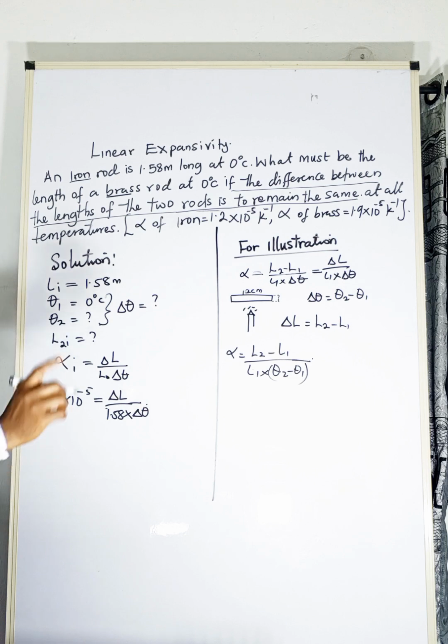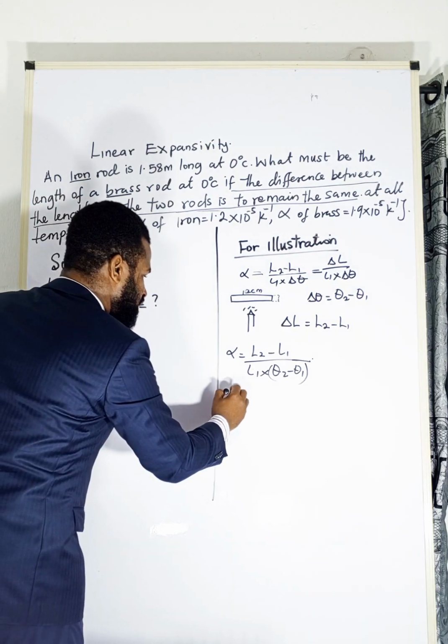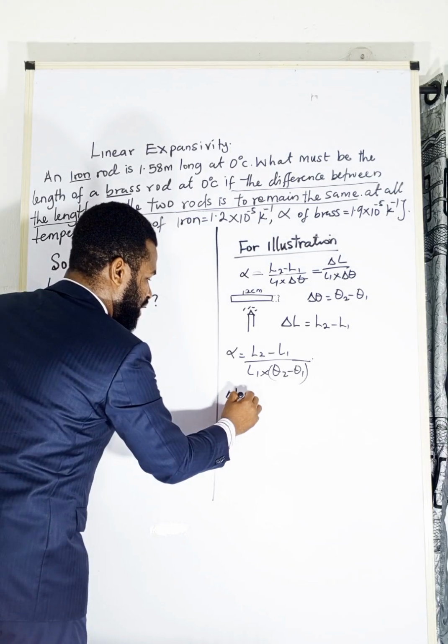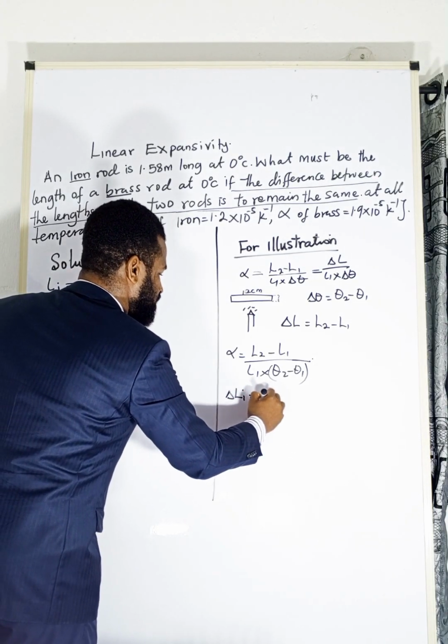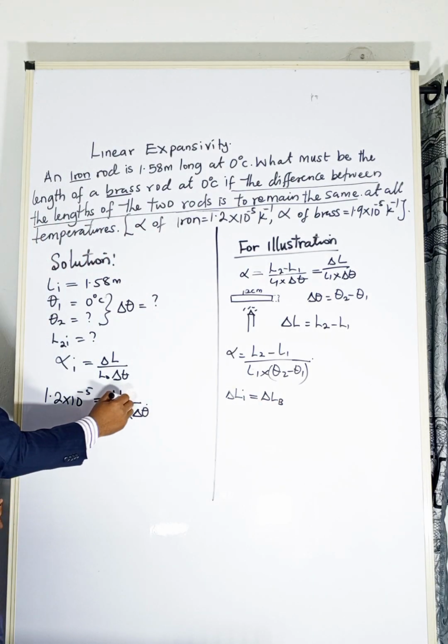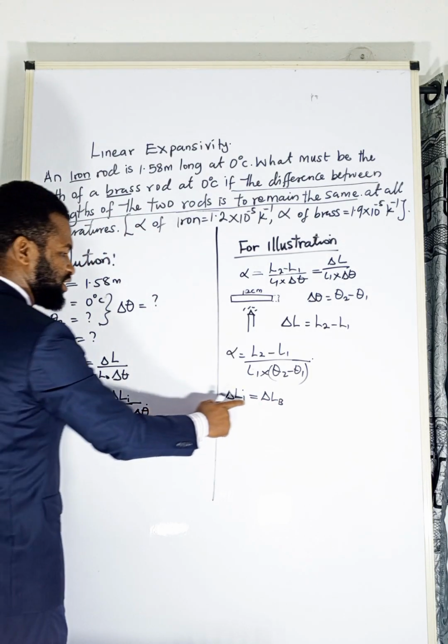Now, what that is saying is, look at this. When we say change in temperature, the change in length for iron is equal to the change in length for brass. So that means this one is the same thing as this.